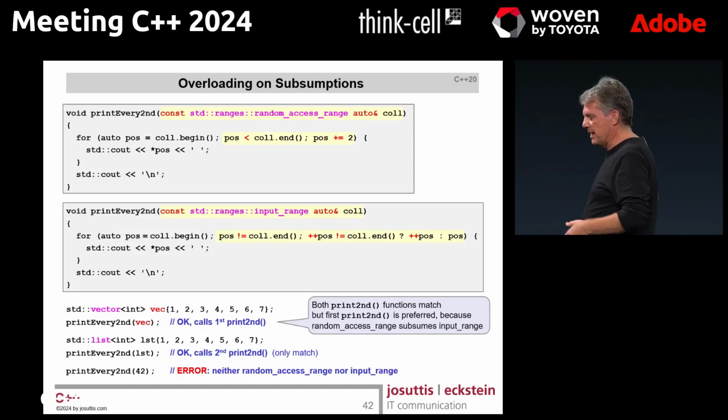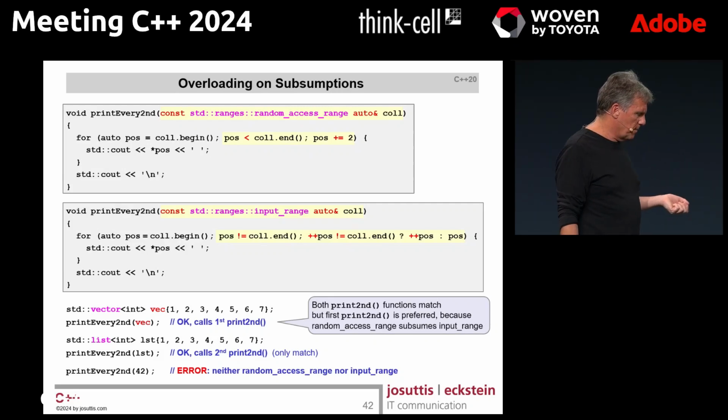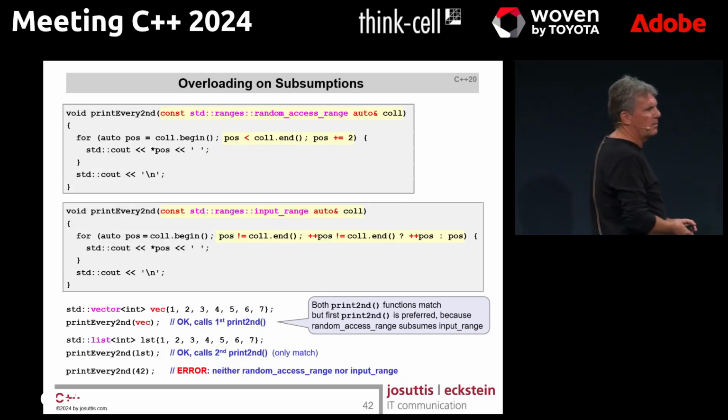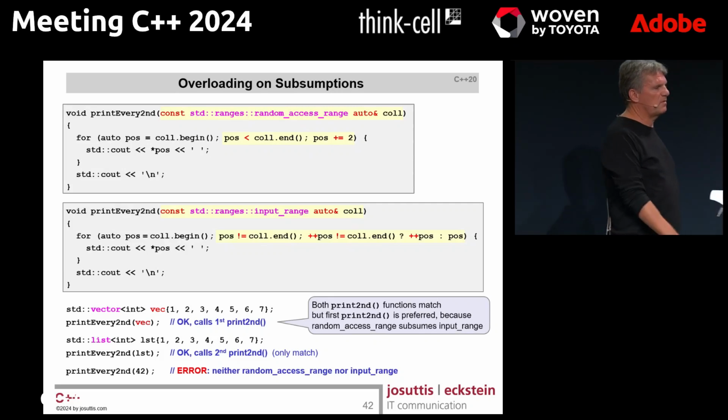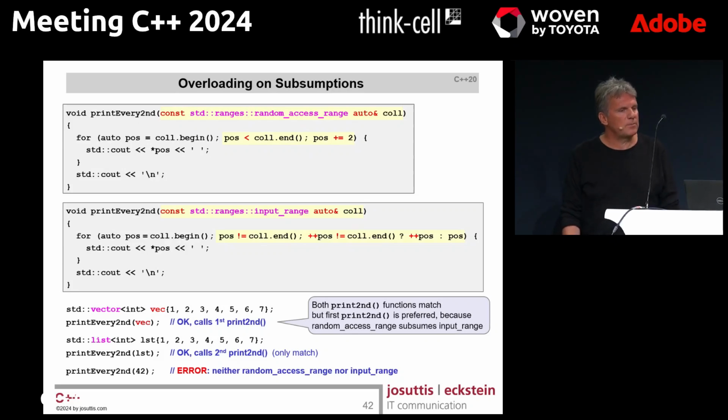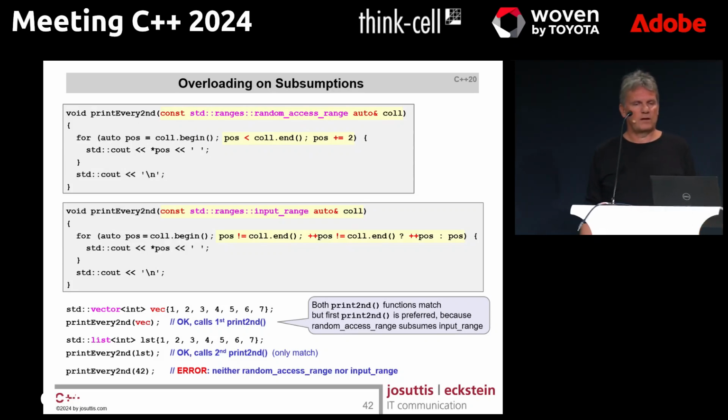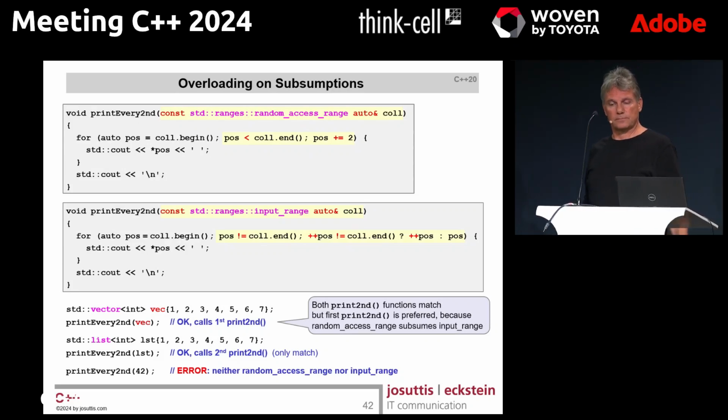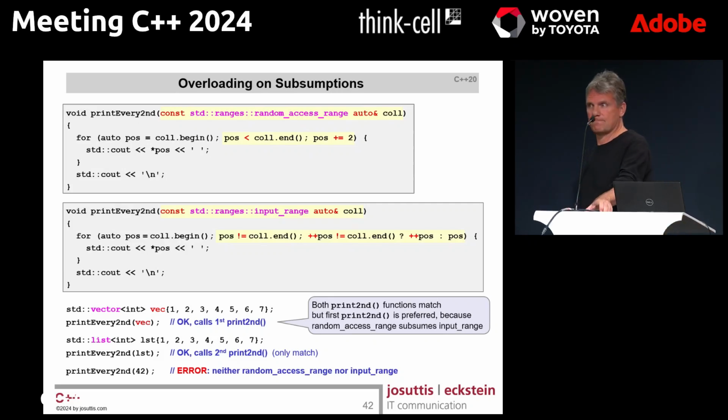I cannot compile, I cannot find a matching print every second function. There are two candidates, and in the first one, the concept random access range is not satisfied, and in the second one, the concept input range is not satisfied. Okay? Very powerful.